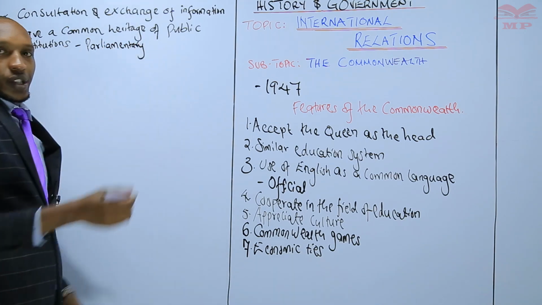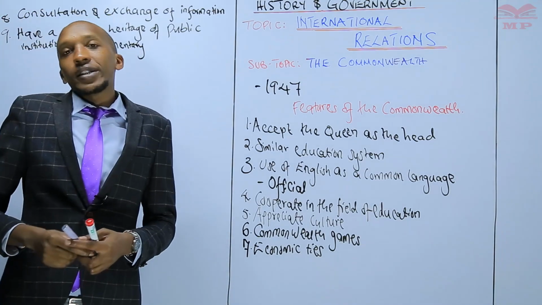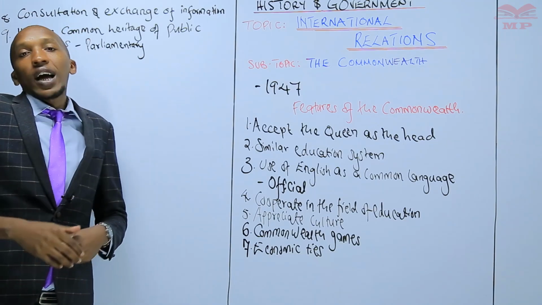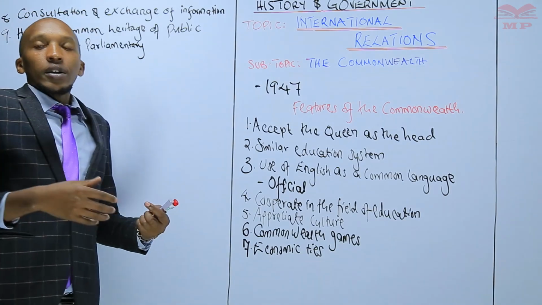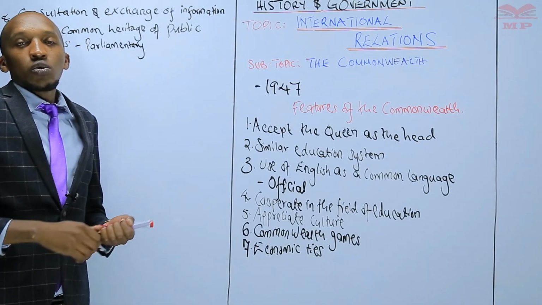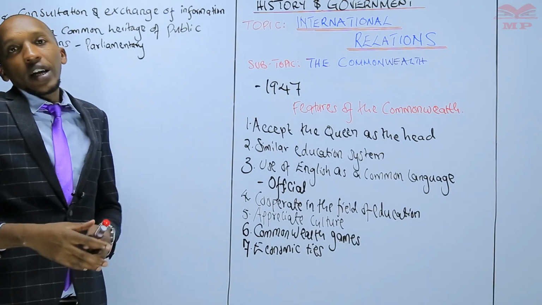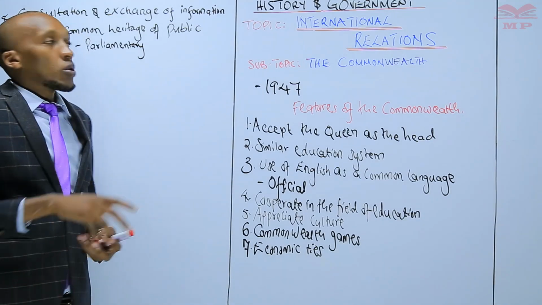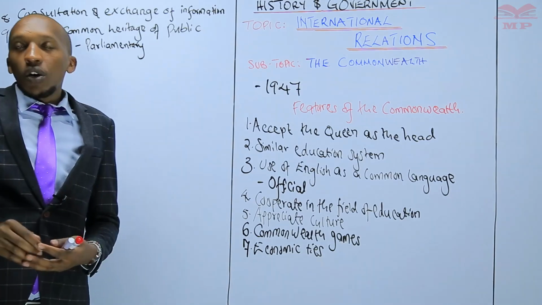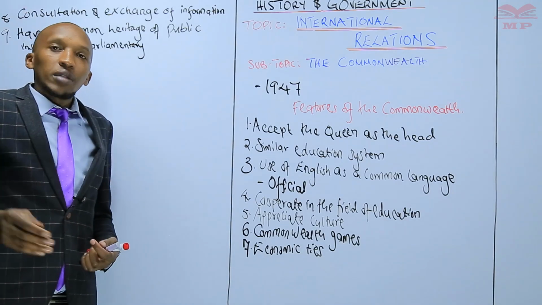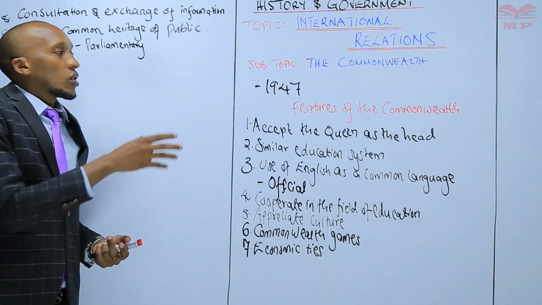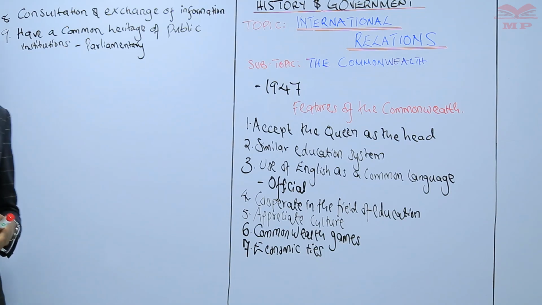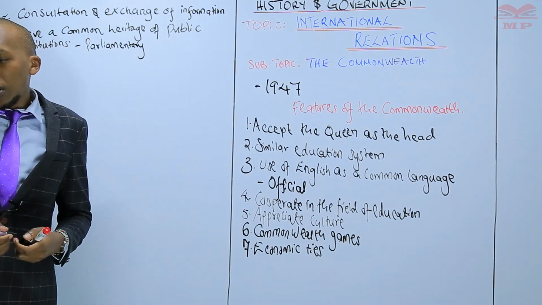Remember that in Britain they have a monarch, but that monarchy is not an absolute monarchy. They have a constitutional monarchy. We have the prime minister who heads or controls the affairs of the nation, and we have a very strong parliamentary system. This is an example of an institution that was adopted by most of the members of the Commonwealth. They borrowed it from Britain, which had colonized most of them.